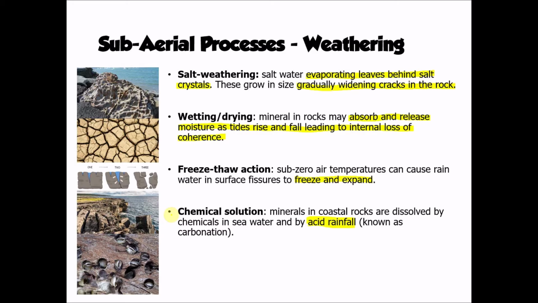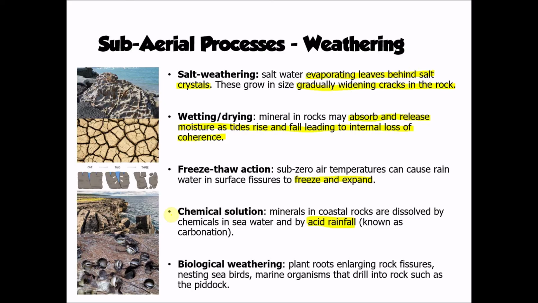The acid in the rainfall acting with the alkaline in the rocks, producing a chemical reaction. And that's the key thing that makes this a process of chemical weathering. It's a chemical change taking place within the rock.